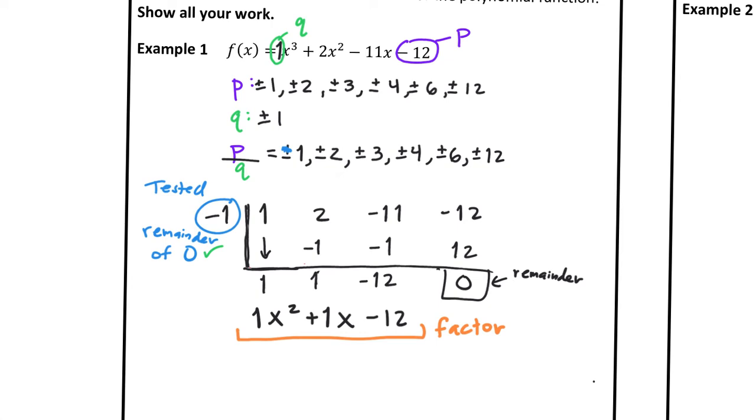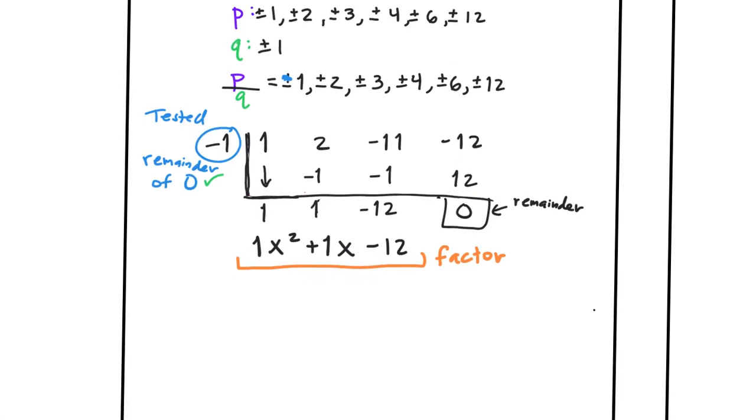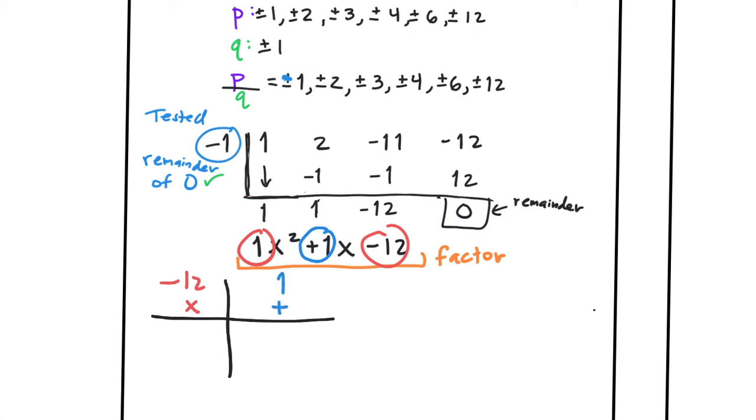And you can say, yeah, actually, I can use the table method. So let me set up my table. Multiply 1 times negative 12. It's negative 12. Then the middle number is 1, which we need to add.